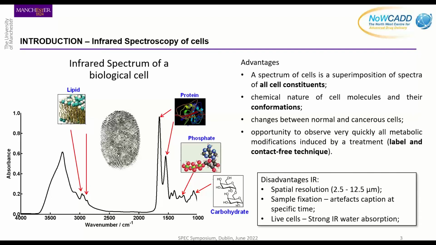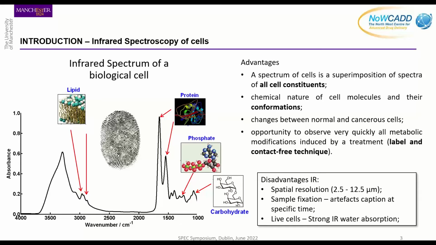So the disadvantage of conventional Raman, Mustafa has mentioned it, it's the spatial resolution, depending on how you do it, but it's a few microns to 10 microns, 12 microns. So we've also got to push towards live cell imaging because there can be fixation artifacts, etc. So the ultimate aim of what we want to do is live cell imaging with infrared spectroscopy to get subcellular information.